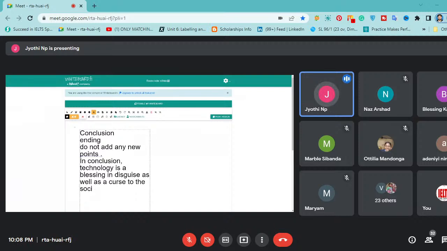I've just taken it as an example. So here you've ended with the same thing you started with in the introduction. You're just going to summarize the whole essay in 1 to 3 sentences. That's all. Remember, don't add any new points in the conclusion.